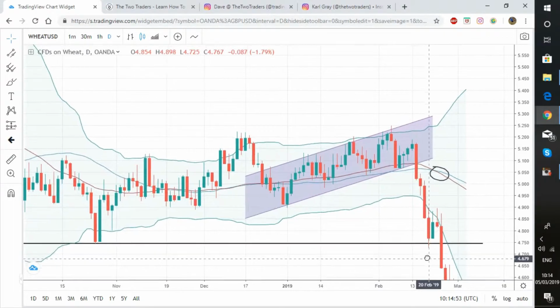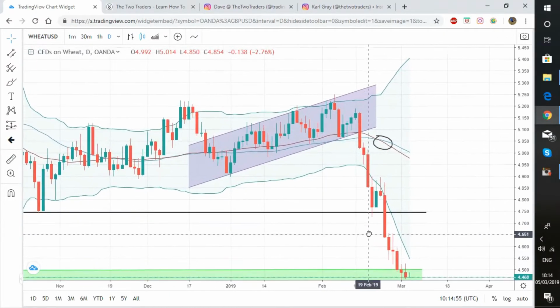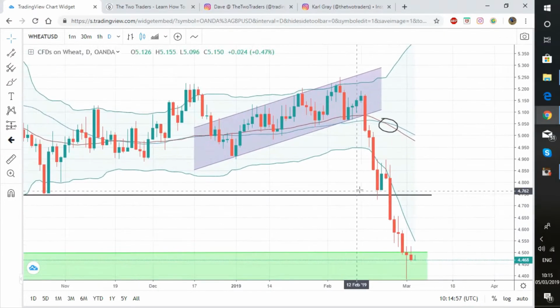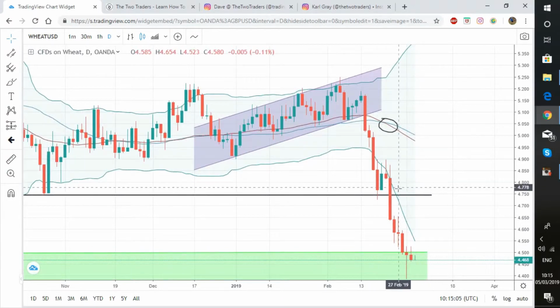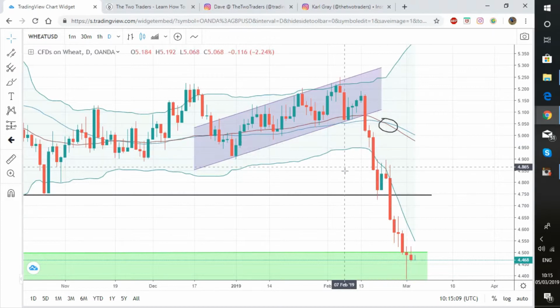So now we go a bit further forward and you can see how it's continued to break down further. And this is all our profit. So this is a 1-to-1 risk to reward. Remember, our stop loss is set up here, so you don't want to set your stop loss too tight, otherwise you're going to get stopped out.